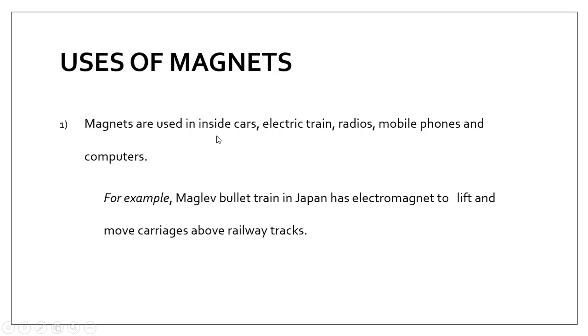Remember, when I was talking about safety rules when handling magnets, one of the safety rules was do not work with a magnet close to electronic gadgets. The reason is these electronic gadgets have magnets.